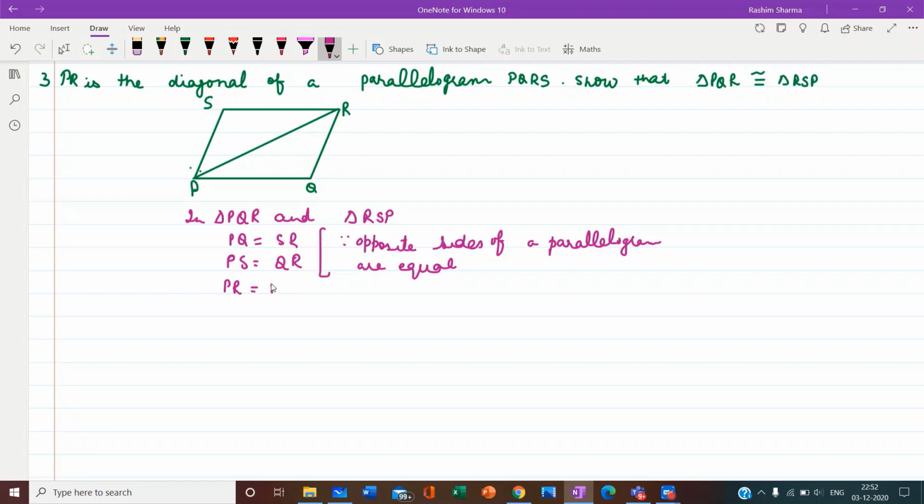So we can write PR is equal to PR, common in both the triangles. Therefore triangle PQR is congruent to triangle RSP by SSS rule. Alright, this is what we had to prove.